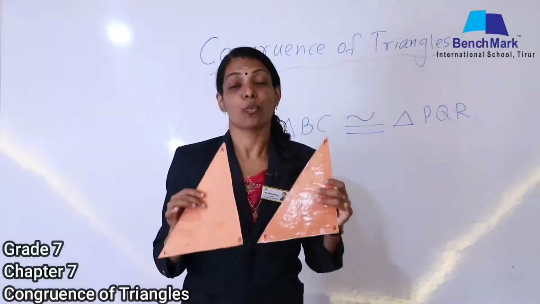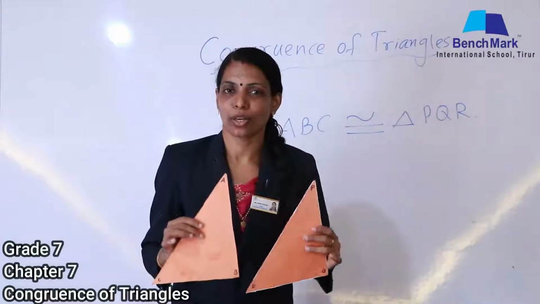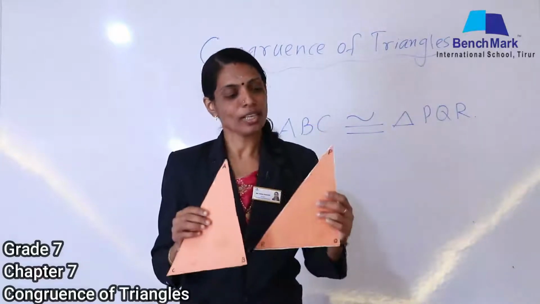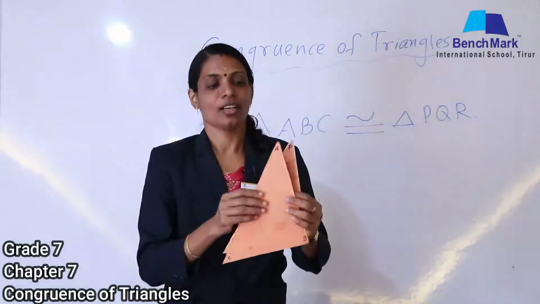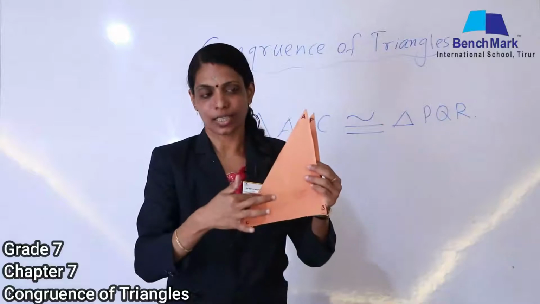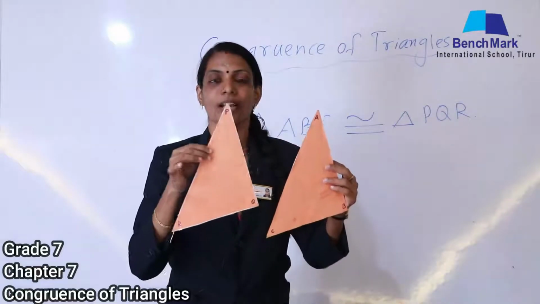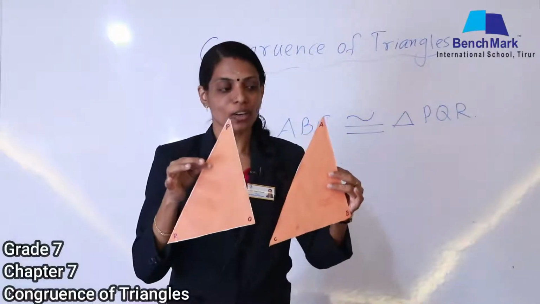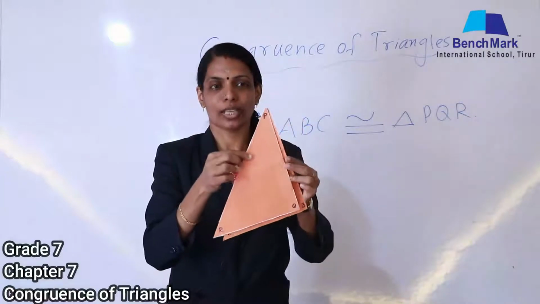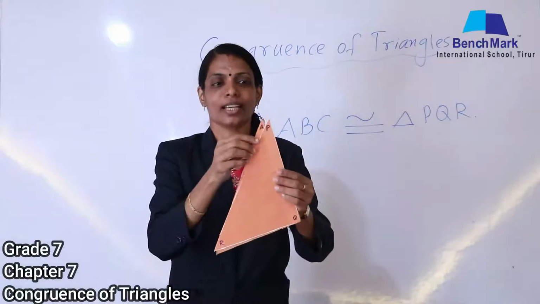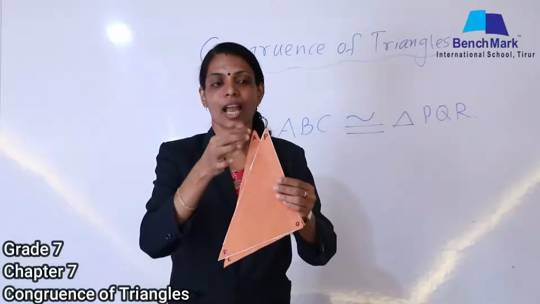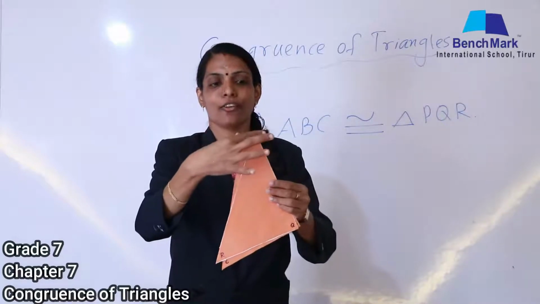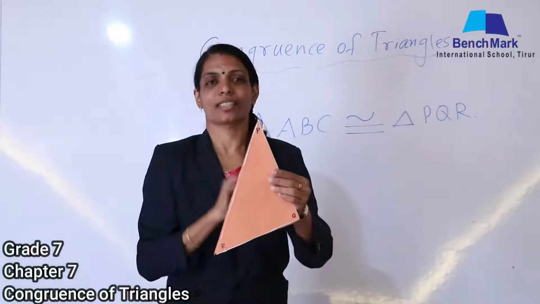Now let's see what is the meaning of corresponding vertices. When we take the first triangle ABC and the second triangle PQR, and when we are keeping one over the other, you can see that the vertices A and P are getting fixed one over the other exactly.